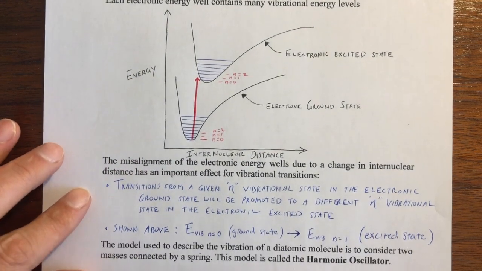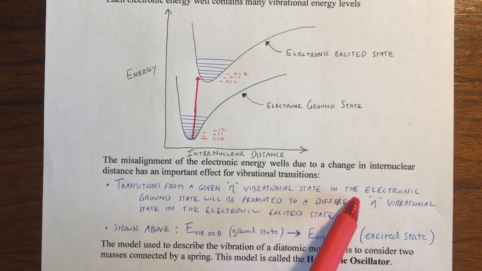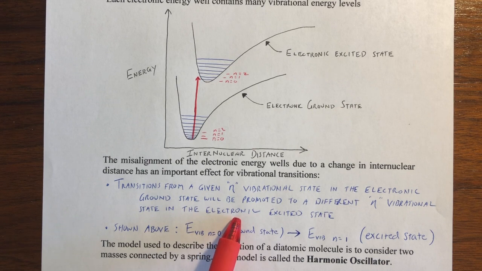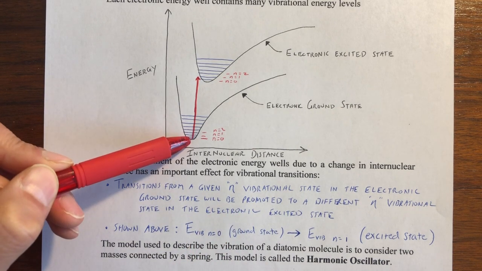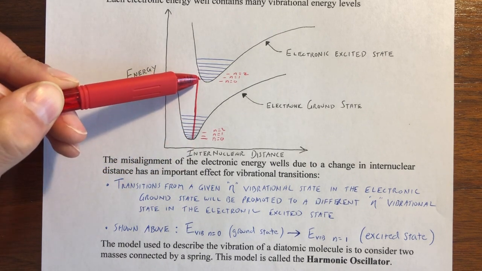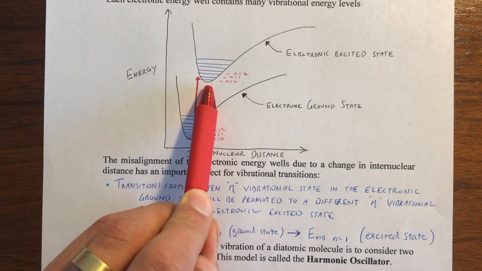So, transitions from a given n vibrational state in the electronic ground state will be promoted to a different n vibrational state in the electronic excited state. Here I've drawn a bold arrow beginning at n equals 0, and if it goes straight up to the excited electronic state, it does not end up in the n equals 0 vibrational state in the electronic excited state.